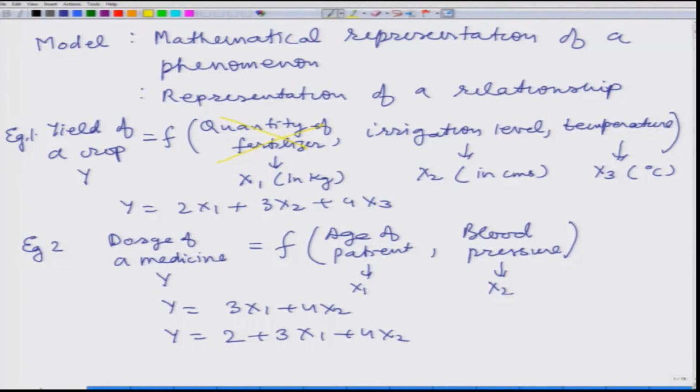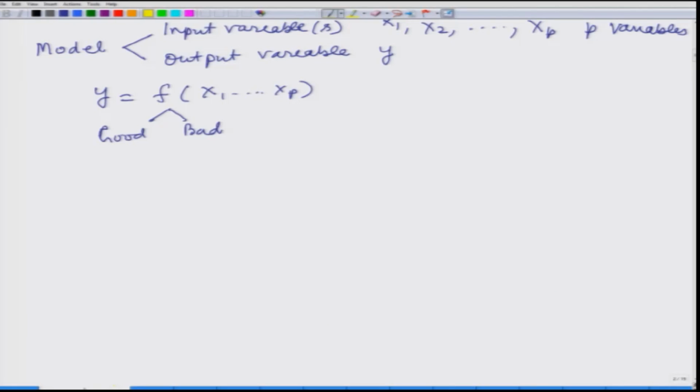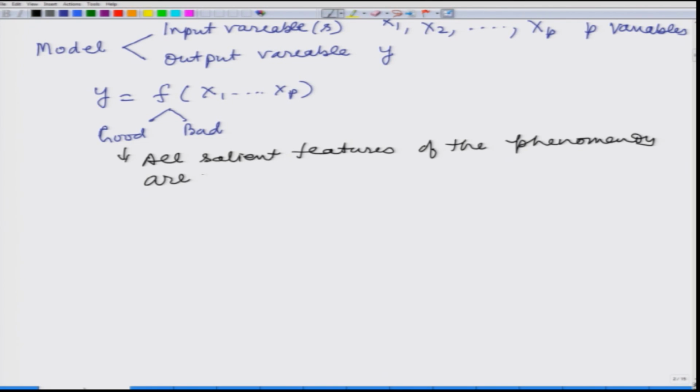Not really, because we all know, we are the social scientists, and we know that the yield of a crop depends on the quantity of fertilizer up to a certain extent. Right. So I can say here that in case of a good model, I would like to have all salient features of the phenomena incorporated.